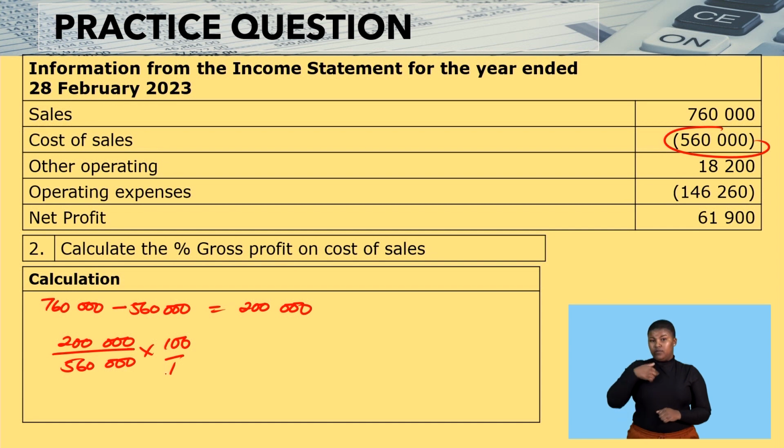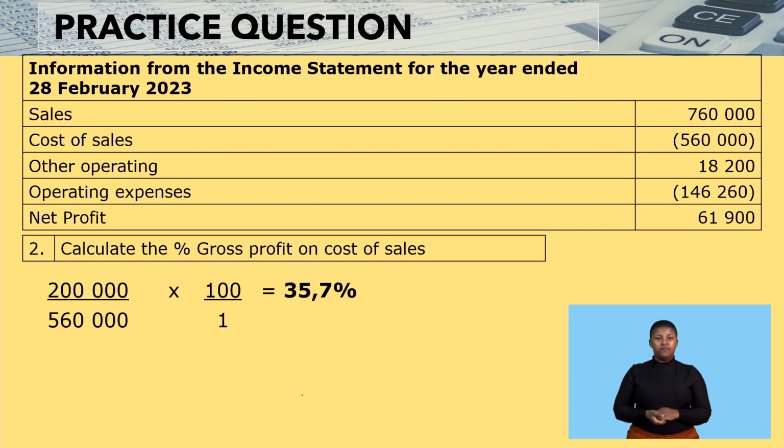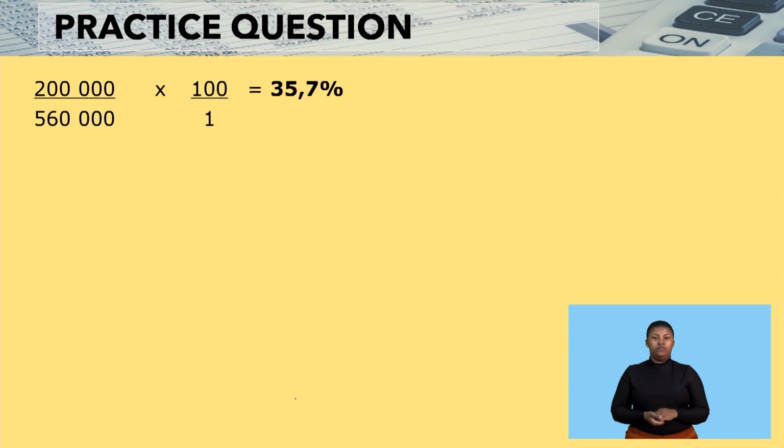I want you to punch that in your calculator. You are now saying 200,000 divided by 560,000 multiplied by 100 over 1. That gives you 35.7%. There it is, 35.7%.